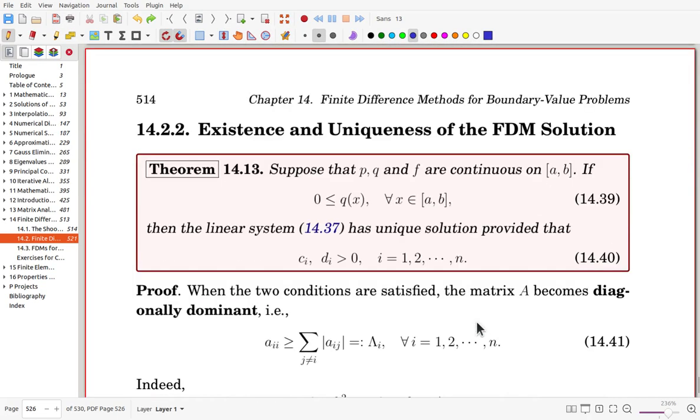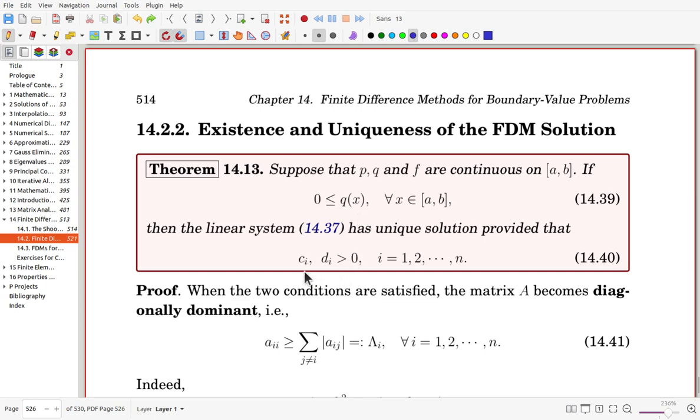Now, once we make this algebraic system, the solvability is an issue. So we consider now the existence and uniqueness of the finite difference solution. Suppose that p, q, f are continuous, the functions involved in the differential equation. Now we assume q is non-negative.